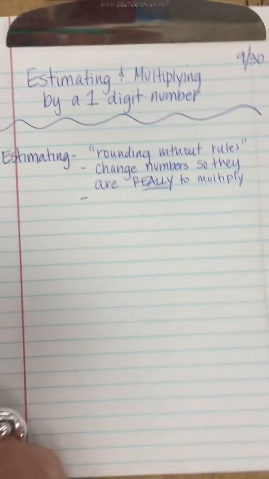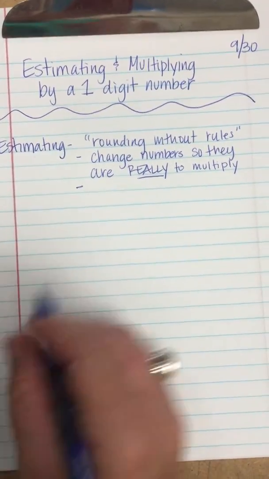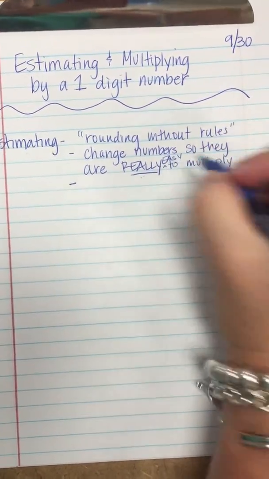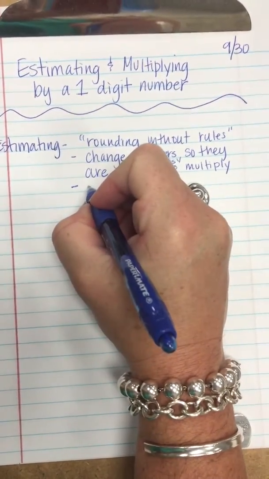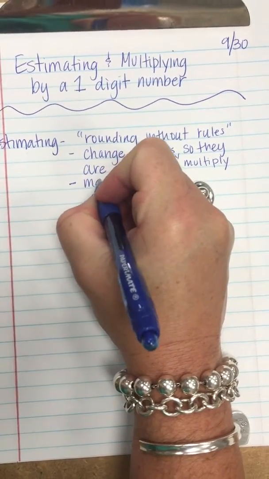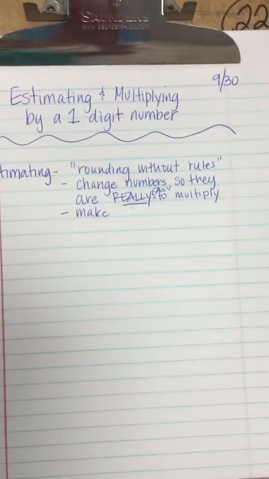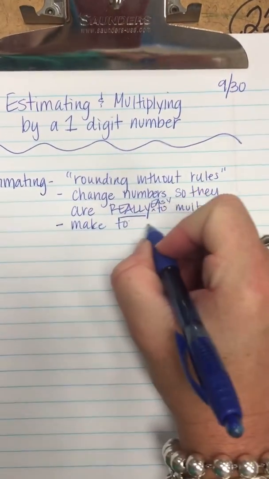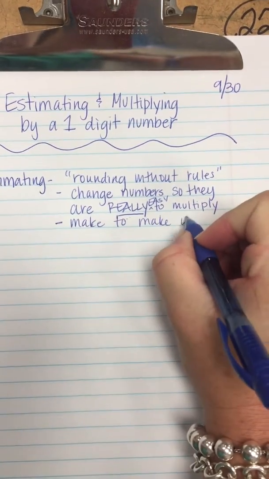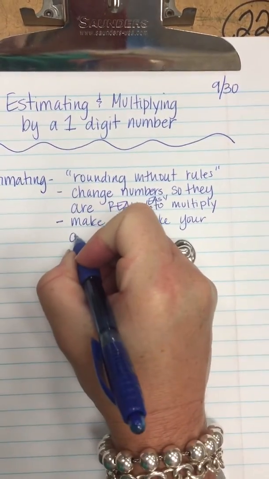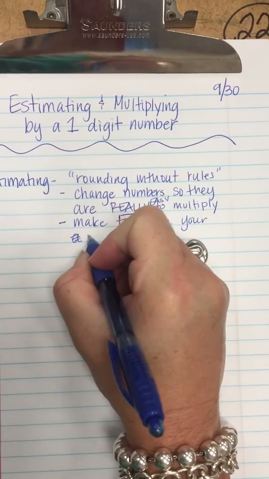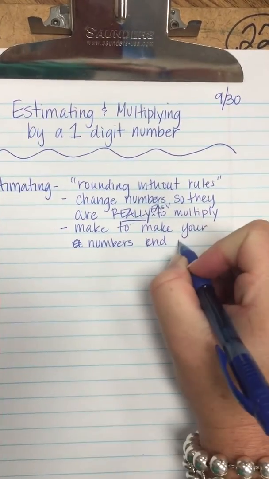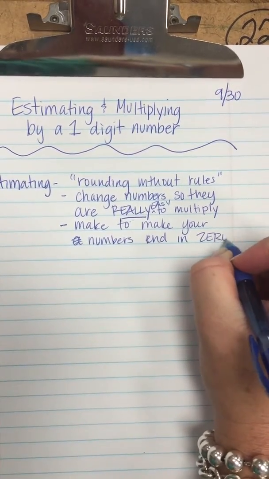The easiest thing that you want to do when you're changing these numbers so that they're really easy to multiply is try to make the numbers end in zeros.